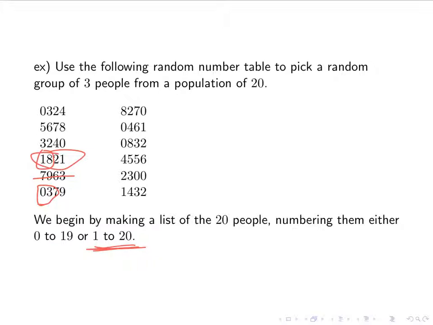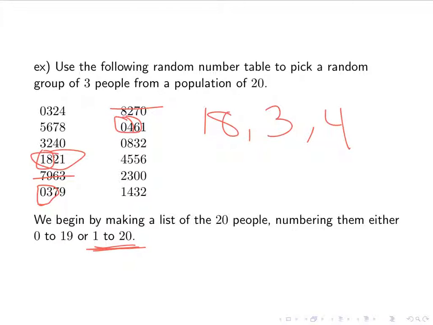Then I go to the next number, 8270. Well, there is no one numbered 82, so I cross it off, and I go to my next one, 04. Someone was number 4, so now they are on my list. So whoever was numbers 18, 3, and 4 are my sample of 3 people.